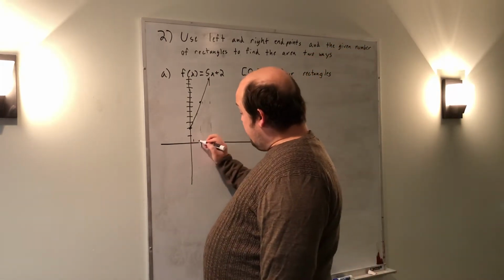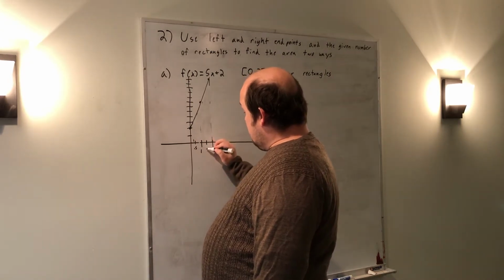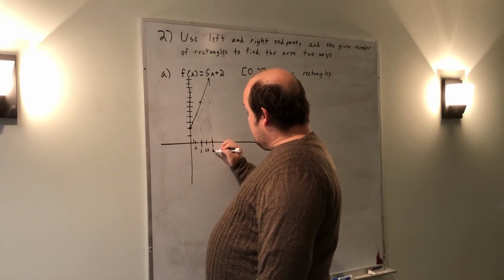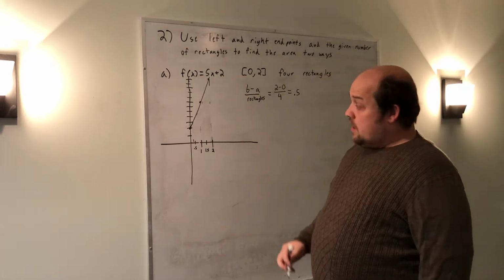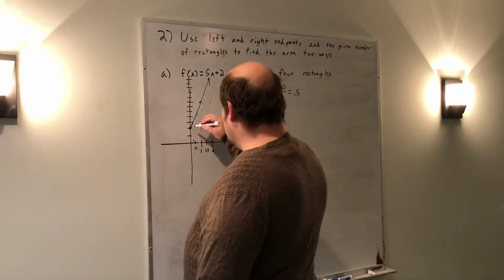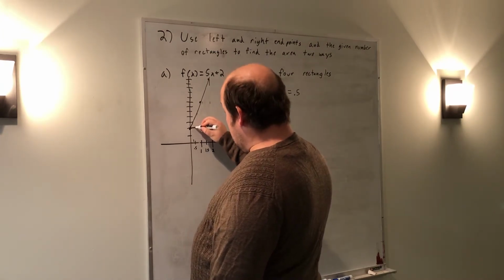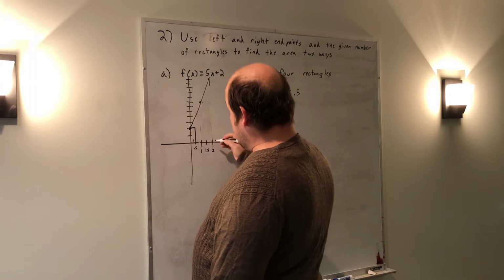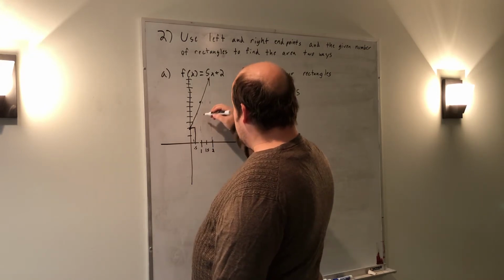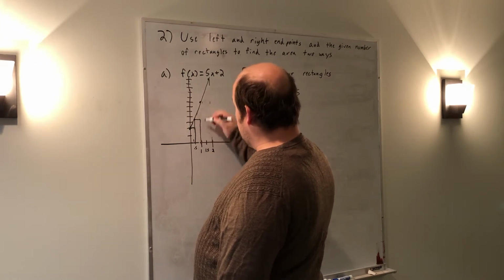So here's where I started at 0, here's 0.5, here's 1, here's 1.5, and here's 2. If I'm looking for left-sided rectangles, basically they're going to start wherever the y value is on the left side and go up to where my rectangle ends. And then I'm going to do the same thing here at 0.5, the curve's about there. So this would be my left-sided rectangle.